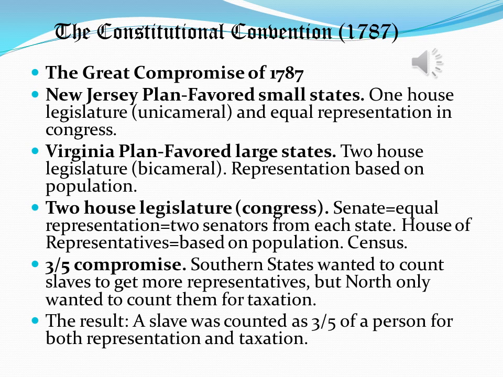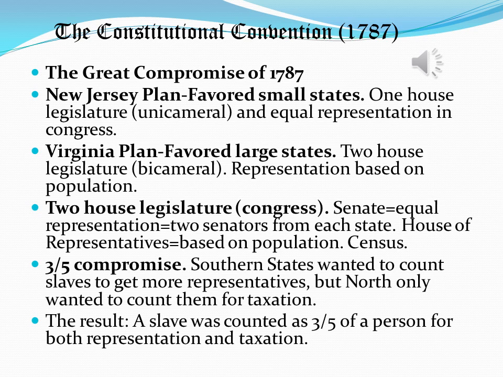There was also something known as the 3/5 compromise. Southern states wanted to count slaves. If you remember, African Americans were enslaved back then, so they wanted to count slaves to get more representatives. But the North only wanted to count them for taxation purposes.